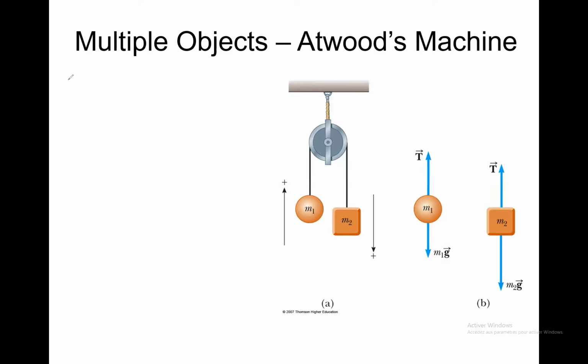In our case here, the pulley is massless. Okay, it's important. Second, the cord is massless and inextensible.